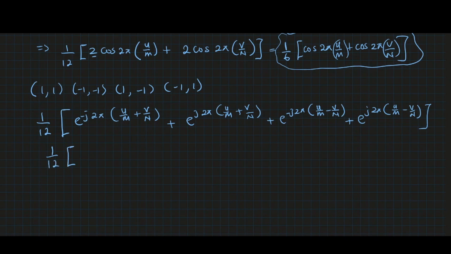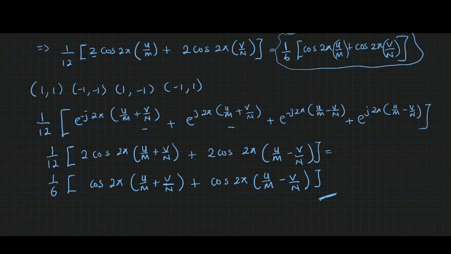It's just going to be 2 cos 2 pi (u over m plus v over n), as for the first two, plus 2 cos 2 pi (u over m minus v over n). Now I'm going to factorize out 2, which is going to leave us with 1 over 6. That's going to be the final answer.